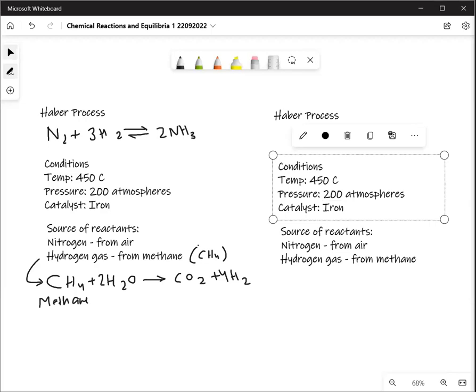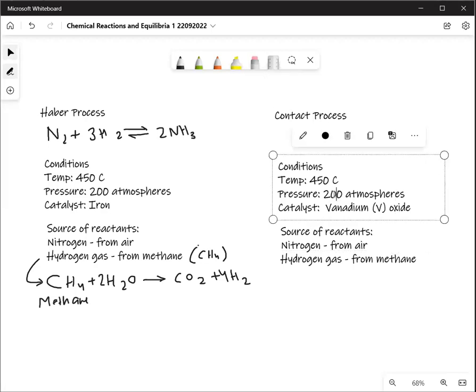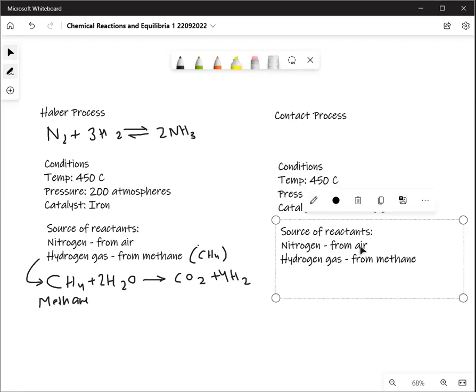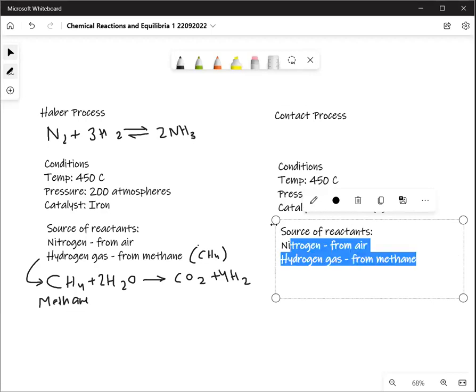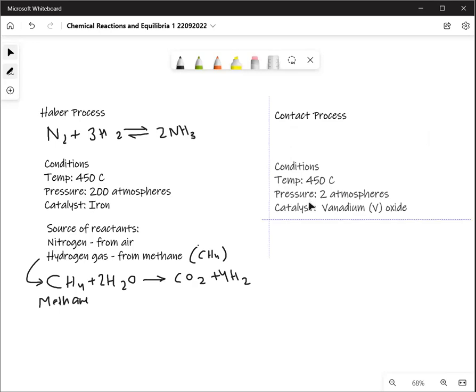Now start writing about the contact process, which is the final one. This is the contact process. Stop. I'm still finishing it. Just give me 1 second. 450. This will be 280 ATM. Okay, and right. Just a second. Now please write this down.